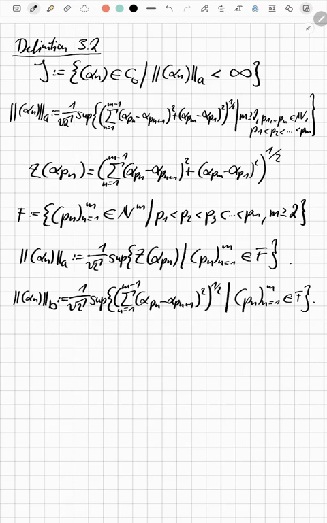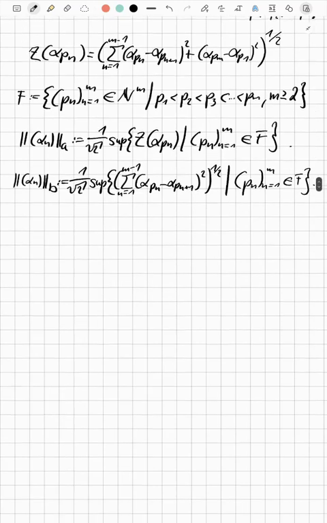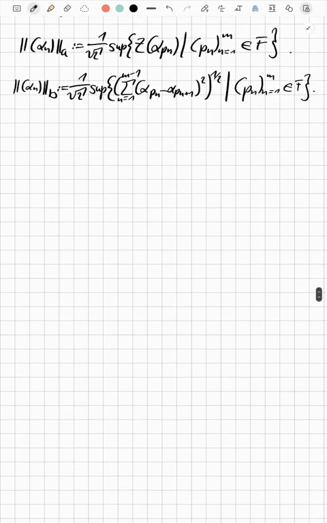Now let's move on to understanding this norm. So what do we do up here? What do we do here? Well, these Z of alpha pn are the first thing to wrap our minds around. So what are these Z of alpha pn? Well, we take a finite subsequence of our alpha n's.